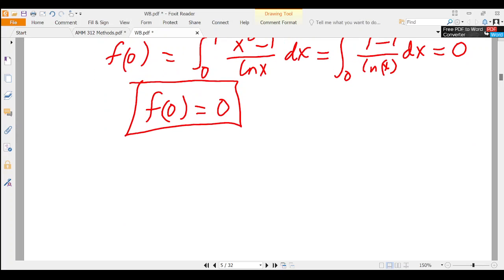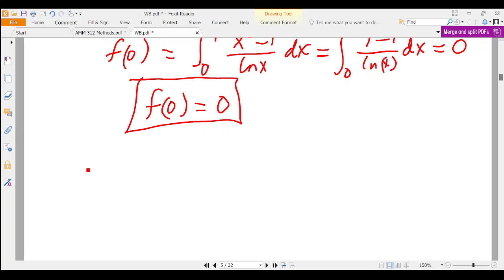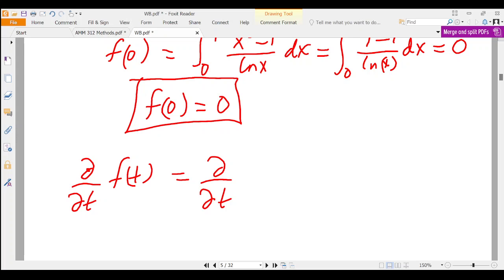We then differentiate with respect to t the function f of t, which is the derivative with respect to t of the integral from 0 to 1 of (x raised to power t minus 1) over logarithm of x dx.